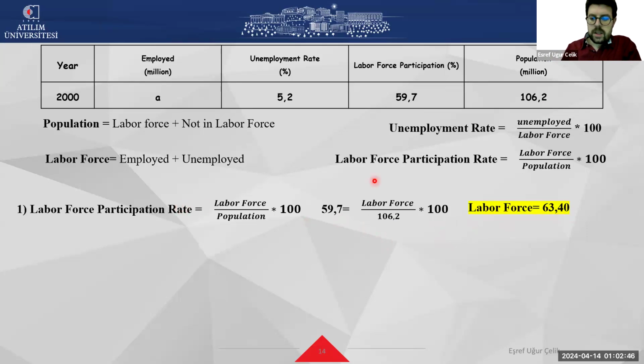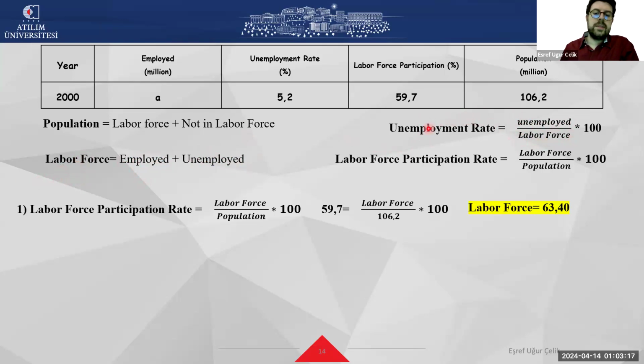Okay. Then, I said if you know two things, you're able to find the third. So we are able to find the labor force. We still don't know the employed and the unemployed, so skip that labor force formula. Let's come to this part. We know the unemployment rate. We don't know the unemployed, but now we know the labor force.